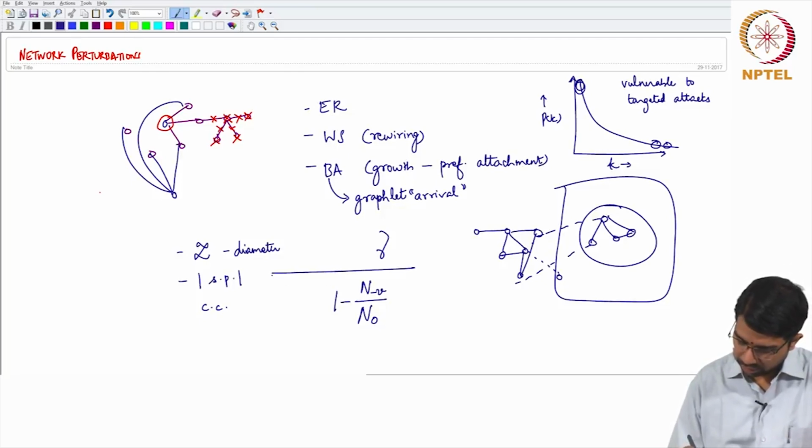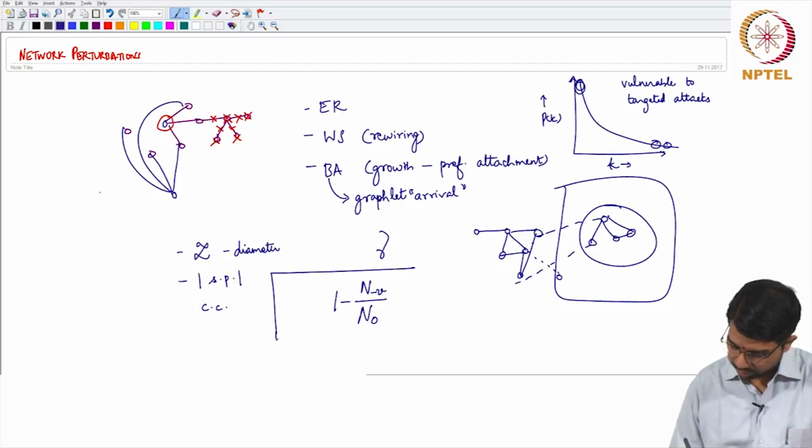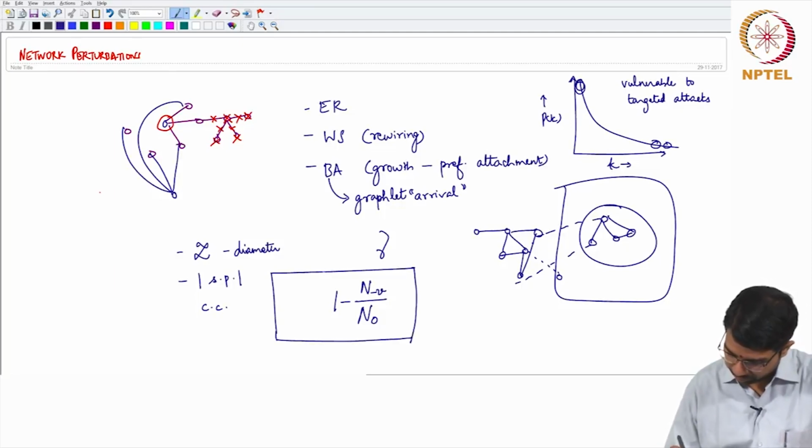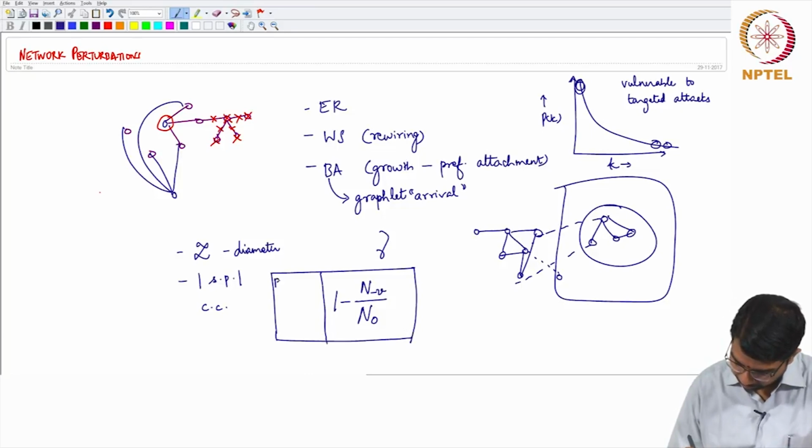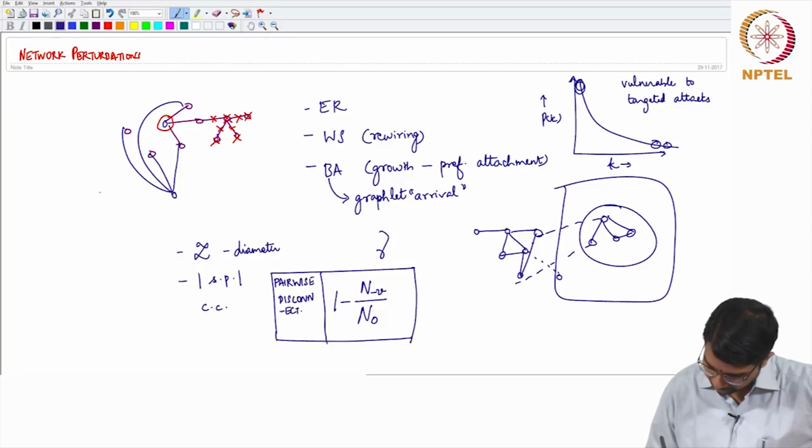So this is the metric called the pairwise disconnectivity index.